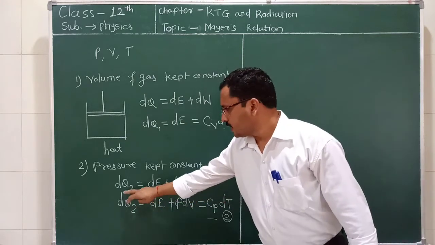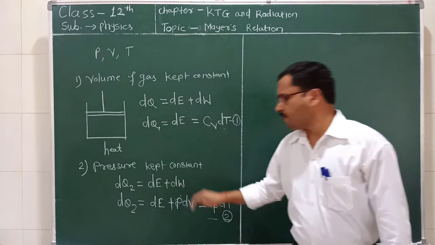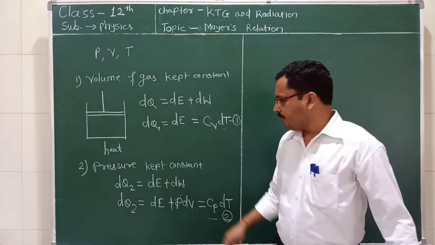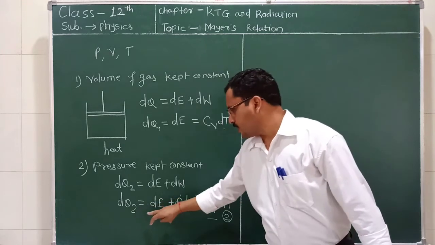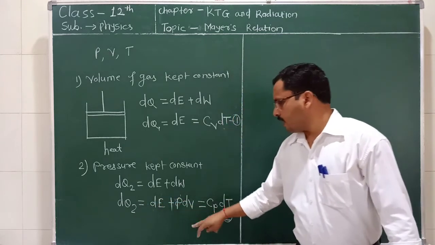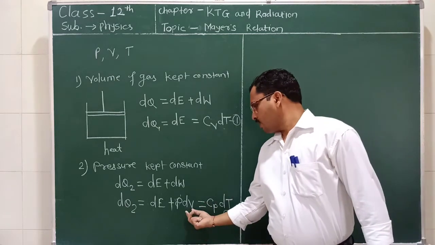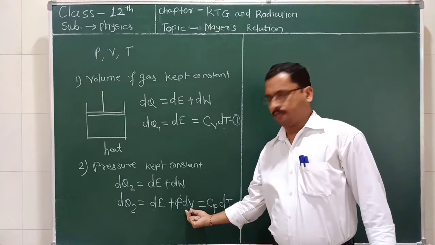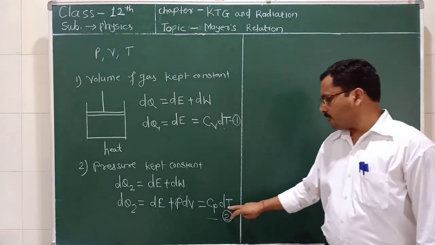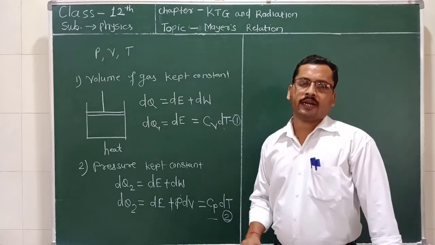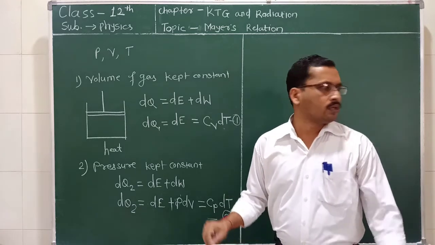So we can write dQ2 is equal to dE plus dW according to the first law of thermodynamics. Then dQ2 is equal to dE plus pdV. What is pdV? It is the work done to increase the volume by an amount dV, and the total is equal to Cp multiplied by dt, where Cp is the specific heat at constant pressure.